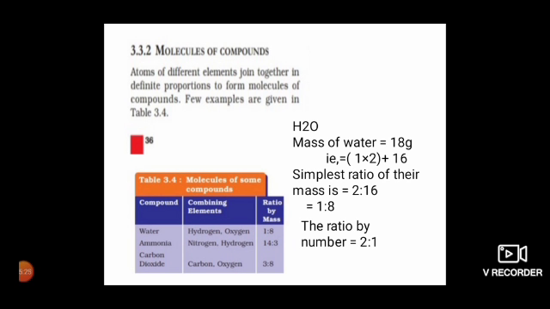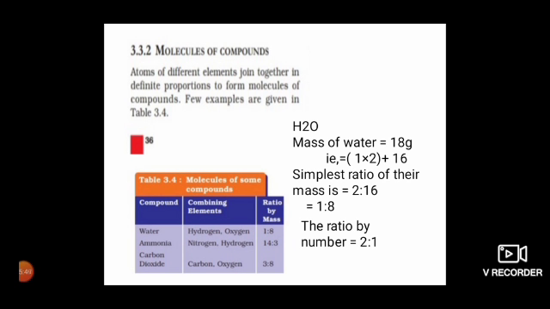The mass of water is 18 grams, that is, 2 hydrogen atoms plus 16, where 16 is the atomic mass of oxygen. The simplest ratio of 2 to 16 is 1 to 8. The ratio by number is 2 to 1, meaning 2 hydrogen atoms and 1 oxygen atom.